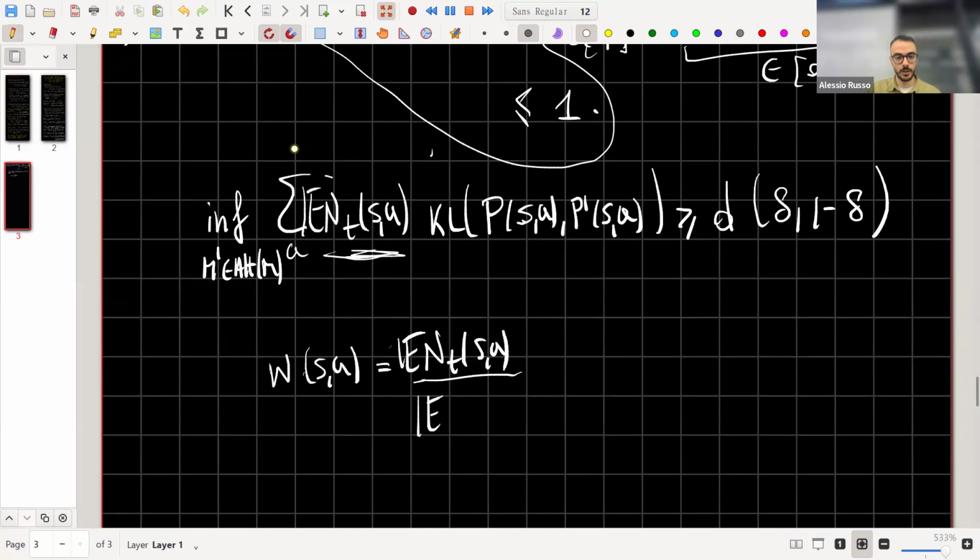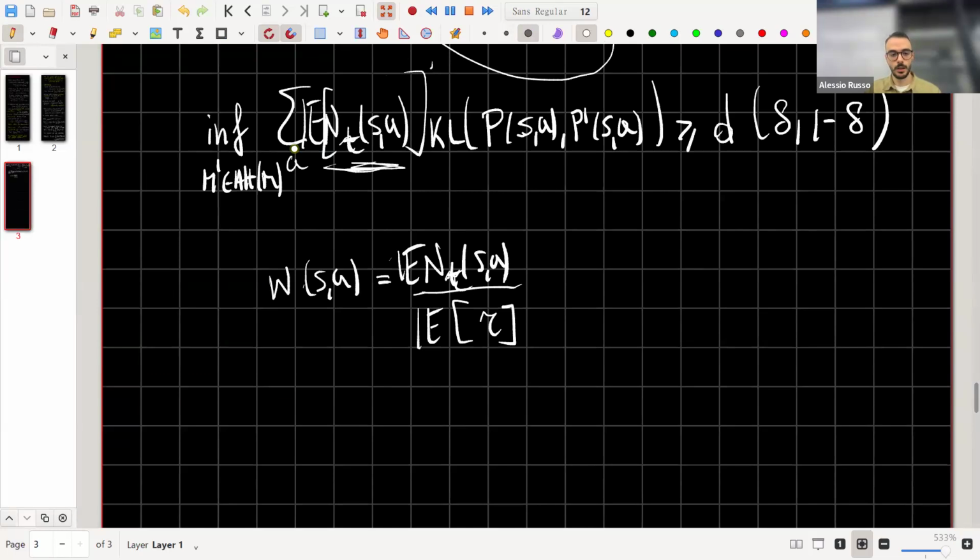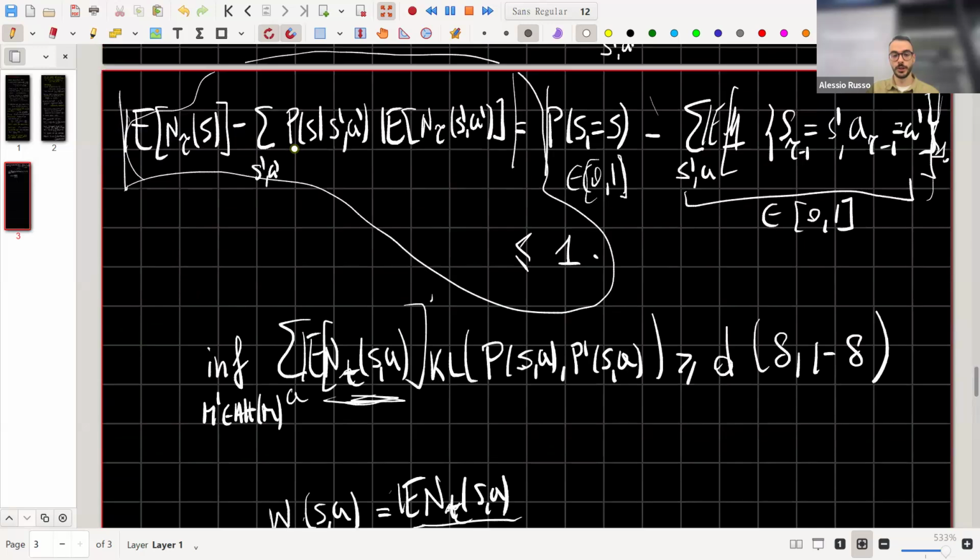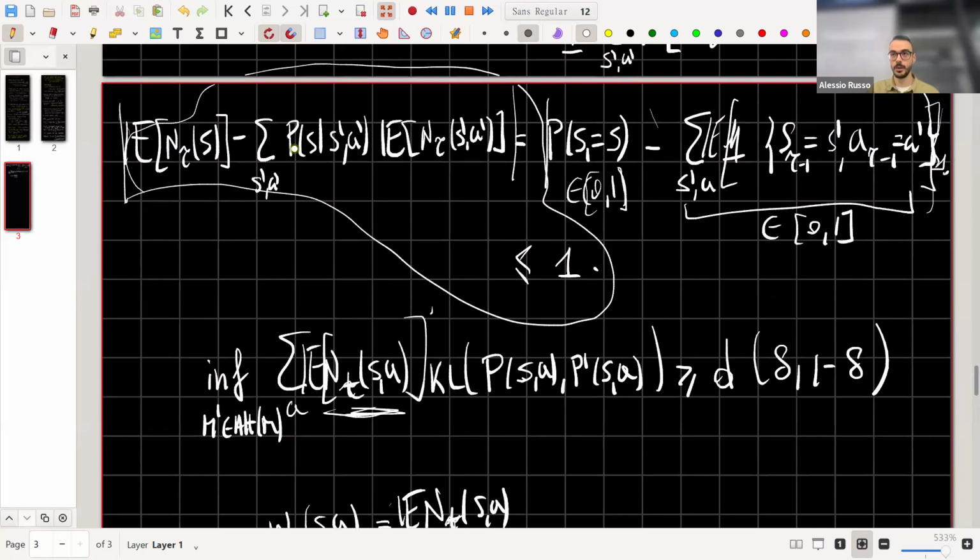Also here we have the expected value of tau, and here it should be tau, not t. And so when we take the supremum, the W's are constrained by this inequality here.